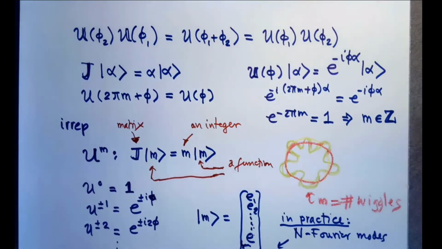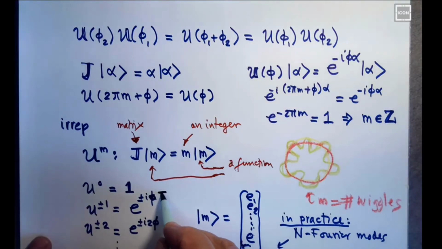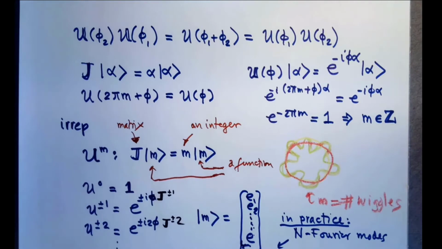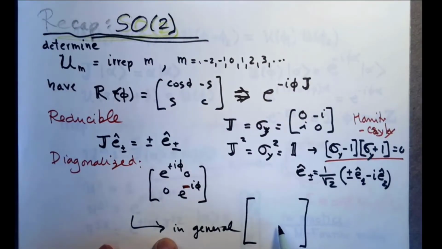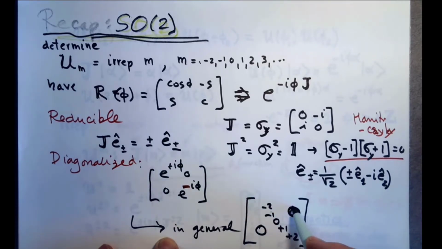This is a little bit confusing here because I should really stick in the generator in a given representation, this J, but that one will also be labeled by plus minus 1, plus minus 2. The only interesting thing that happens is that in general, we have a generator that has the form 0, minus 1, plus 1, plus 2, and 0 everywhere else in diagonal form.